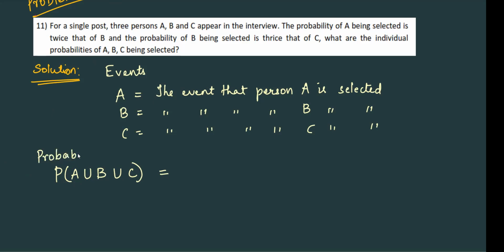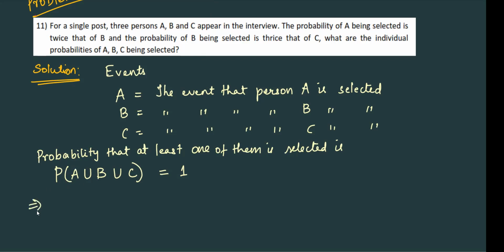So probability that at least one of them is selected is 1, because that is assumed in the question. It is not mentioned, but indirectly it is assumed that way. Now, are these mutually exclusive or not mutually exclusive?